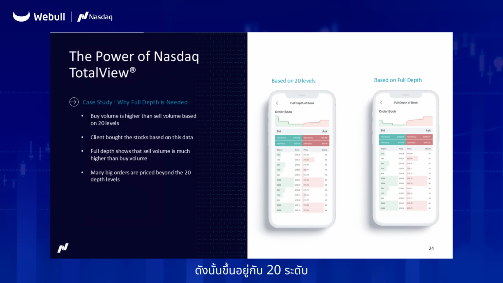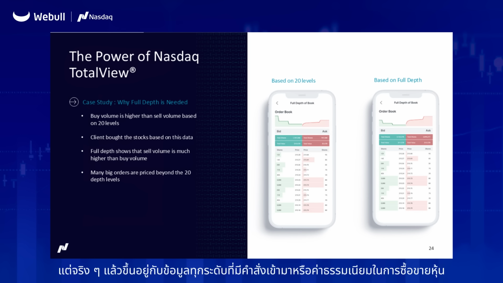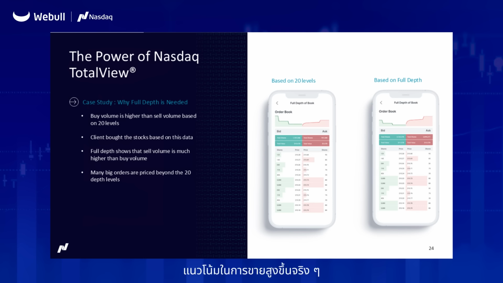Based on 20 levels, it seems that the buying strength in this chart is higher than the selling strength. So when a retail investor at this point in time sees this, he thinks, oh, the price may go up because buying strength is stronger based on 20 levels, and he puts in a buy order at whichever level. But actually, based on the full depth of feed or book, the selling strength is actually higher because there are a lot of big orders queuing beyond 20 levels, right?